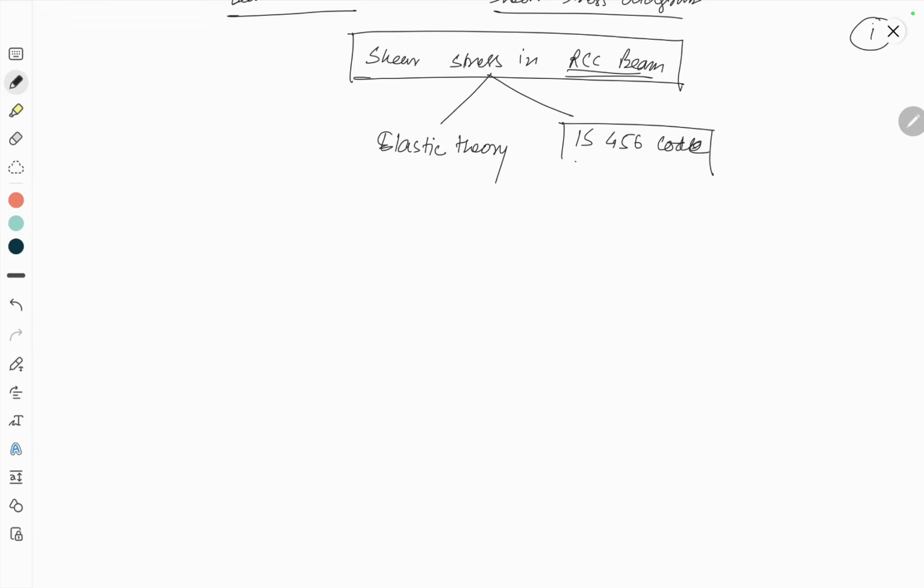So there are two types of theory. First we discuss the elastic theory, second we discuss the IS 456 code design theory. So first, I describe the elastic theory.